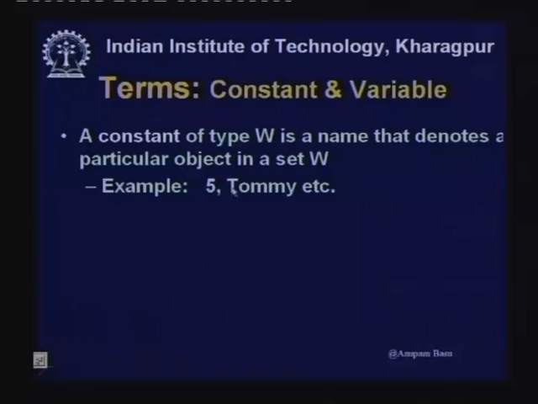A variable belonging to that set can connect itself to any particular object of that set, but a constant maps to a particular object of that set. For example, 5 is a particular object in the set of integers or natural numbers, so it is a constant. Tommy, among all the objects called dogs given their names, is a particular dog.